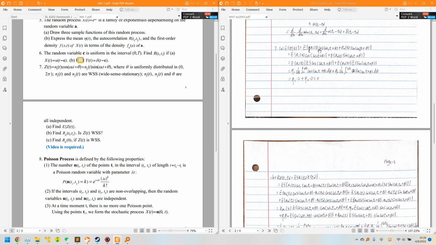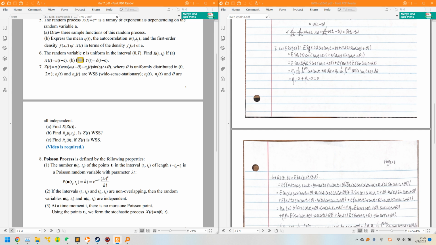Because this part and this part are independent, we can separate this into two parts. And because N and the cosine are also independent, we can separate it again in this form.